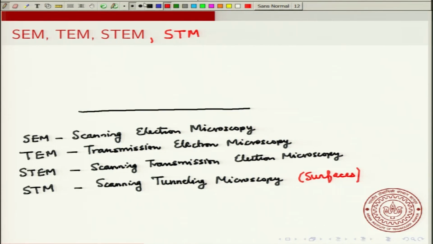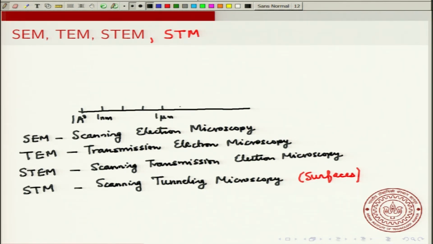Now let's look at the various techniques and see how sensitive they are. I'll put a scale bar here. This is a logarithmic scale. This is 1 angstrom. This is 1 nanometer, that is 10 angstroms. Then you have 10 nanometers, 100 nanometers, 1000 nanometers is 1 micrometer.